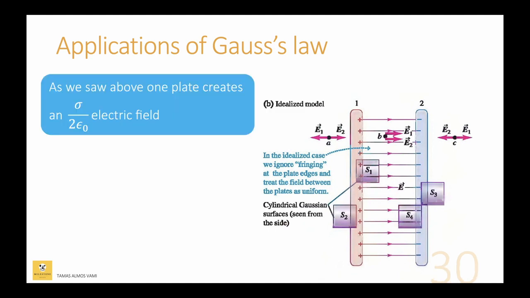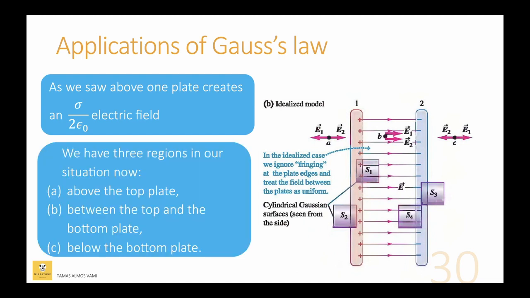So we have three regions, and we know that one plate creates the sigma over 2 epsilon 0 electric field. So the three regions are that we are, let's say, above the top plate, or to the right of the right plate. We are in between the two plates, and we are below the bottom plate, or to the left.